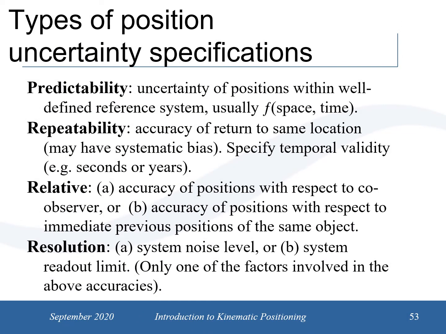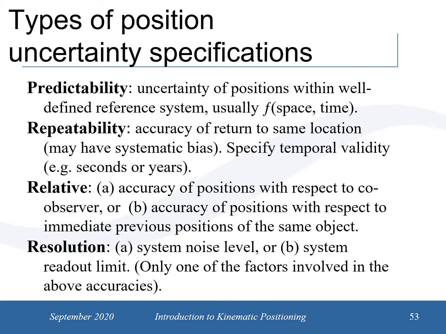Here we have 4 types of position uncertainty specifications. Predictability is the uncertainty of positions within a well-defined reference system, usually as a function of space and time. Repeatability is the accuracy of return to the same location, and it can be specified within a certain time period, temporal validity.